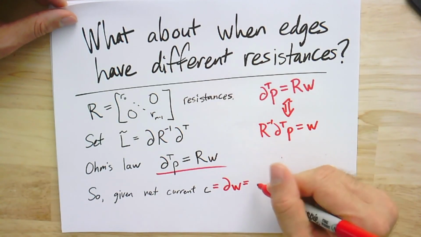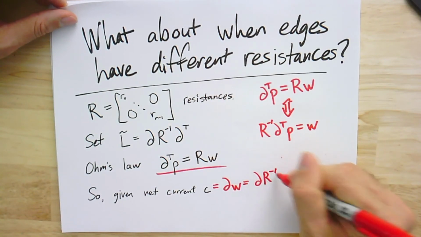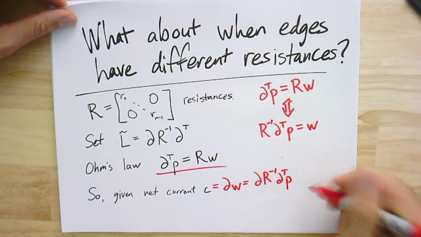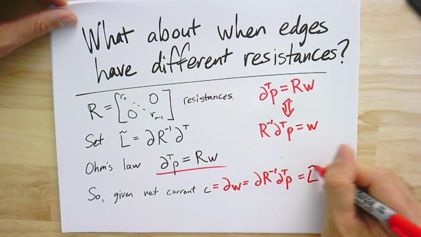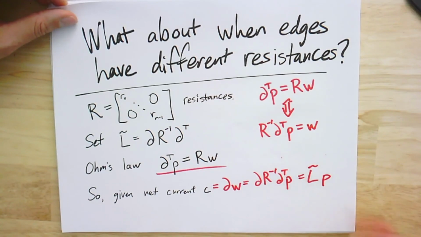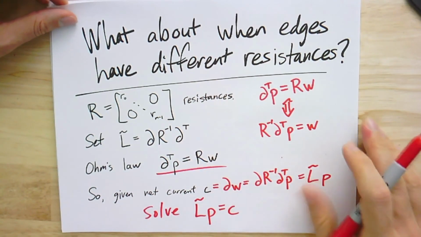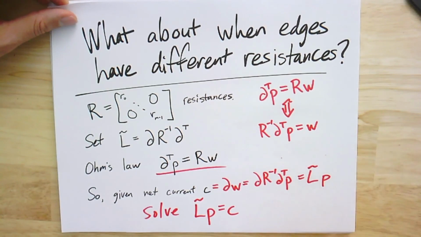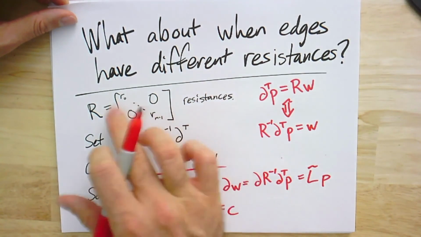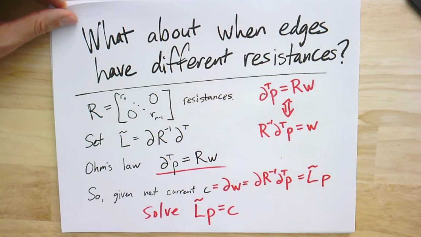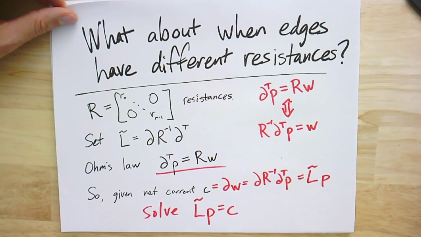So the boundary of the current will be the boundary times R inverse coboundary of P, which is just our new Laplacian system. So again, we'll solve LP equals C, and that will be the system that describes how to get a potential from a net current given these new resistances on the edges. All right, well, that's it.